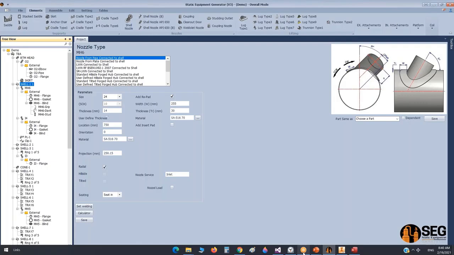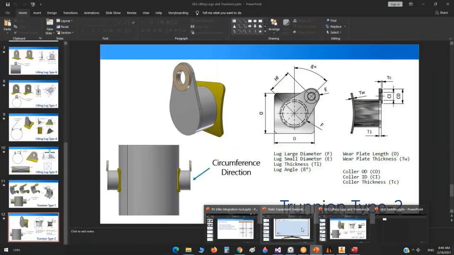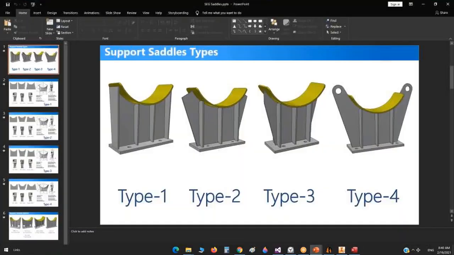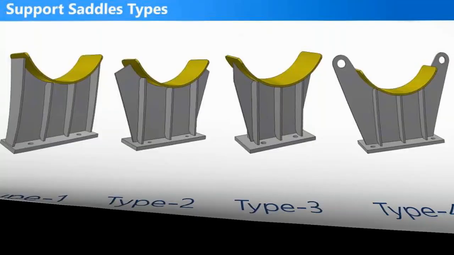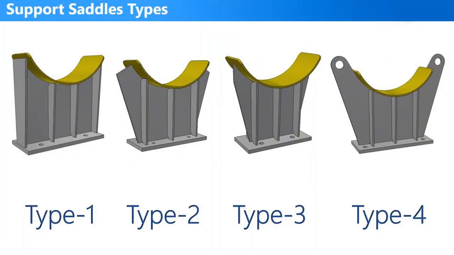Okay, let's check a point regarding the support saddle. Here, if we take a look at one of those elements, like the support saddle, here we have four main types of saddles.